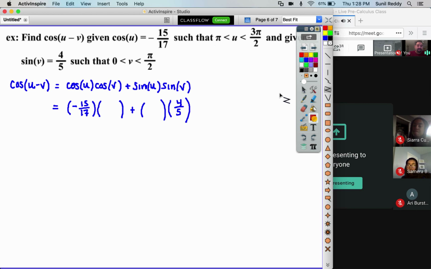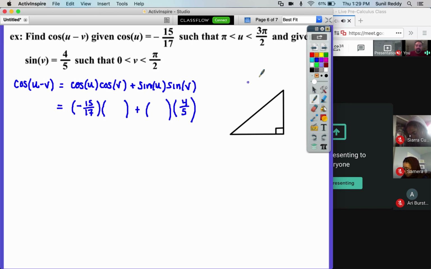So that's what I'm going to do again, but this time I'm going to have two different triangles because I have two angles, u and v. So I'm going to construct one right triangle, and I'm going to use, for this one, angle v.